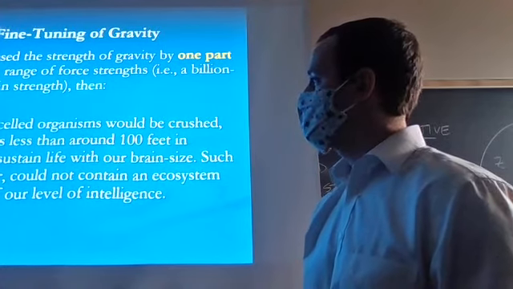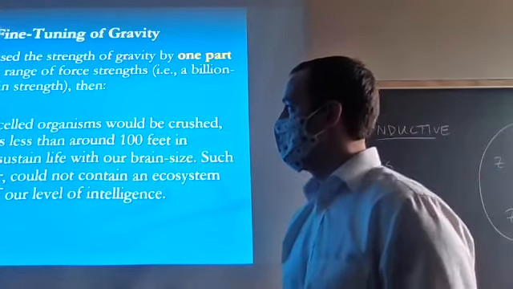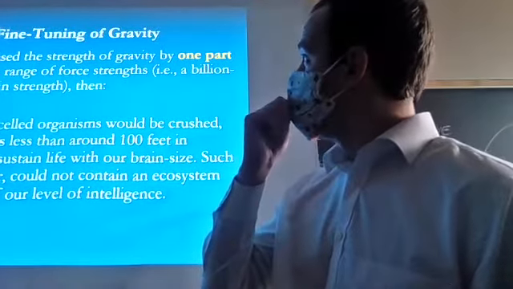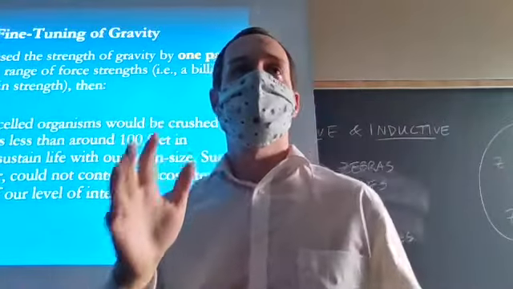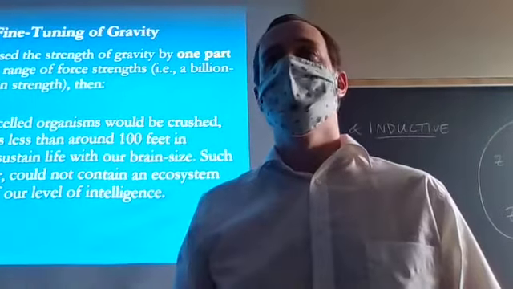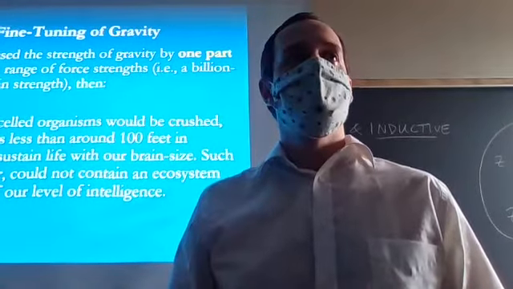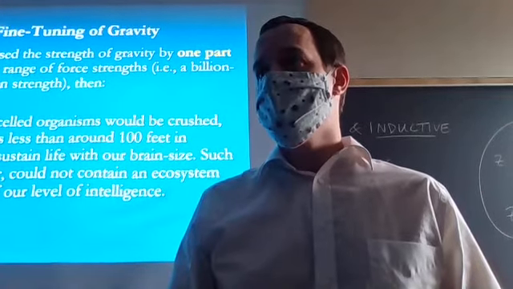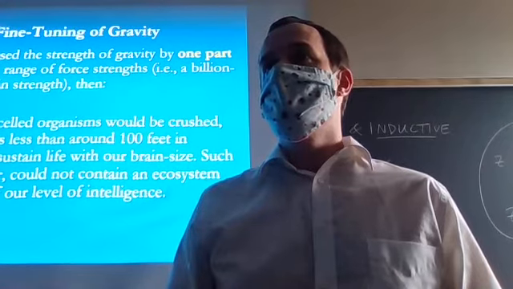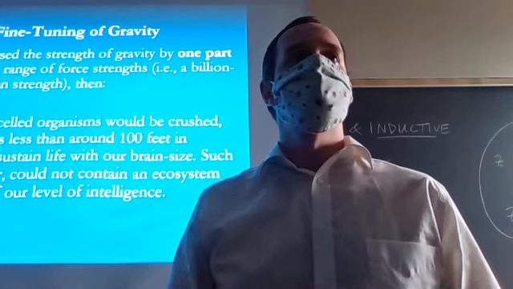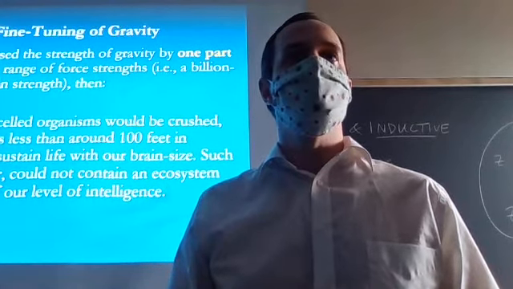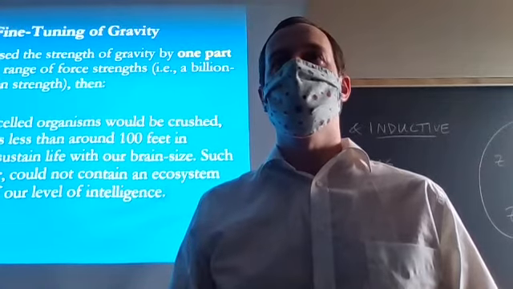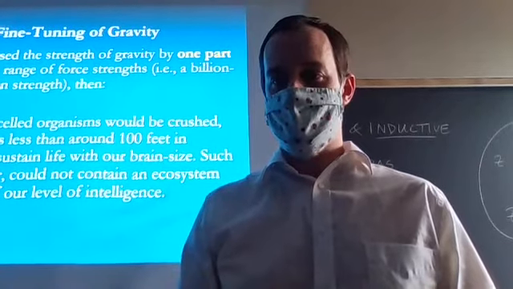So it leads to the question, why is gravitational strength so precisely calibrated? Is it design? Or is it chance, which could be the only other explanation? Is it that it just happens to have been precisely calibrated in this way?